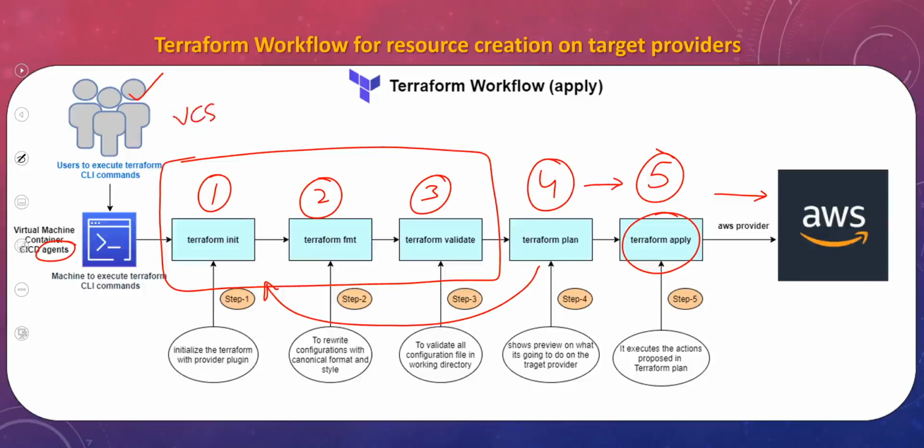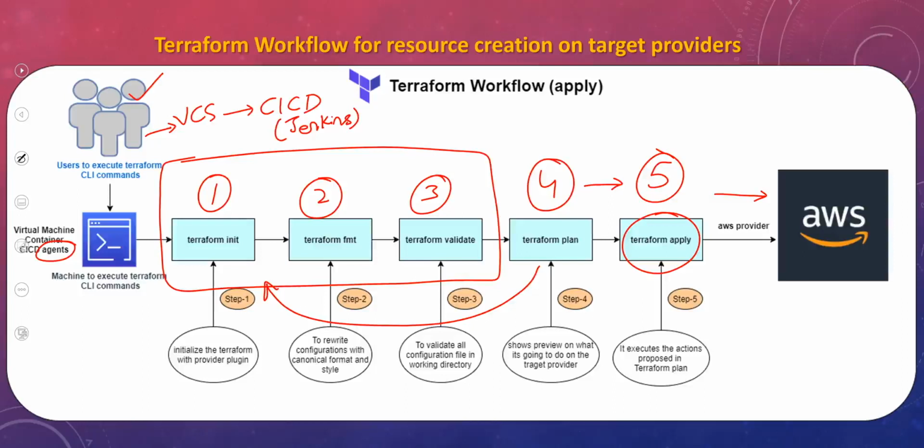Whenever you push changes, a CI/CD pipeline is automatically triggered. For example, you are using Jenkins, or GitLab CI, or GitHub CI, something like that. That CI/CD tool will run the tasks you have specified and give you the final result. So this is the Terraform workflow for you.